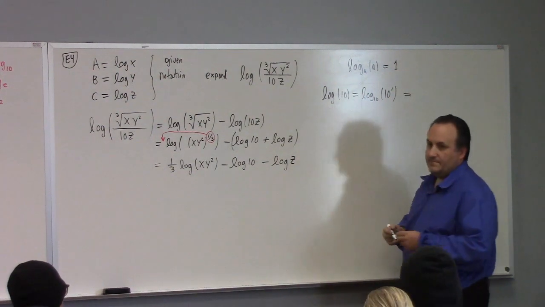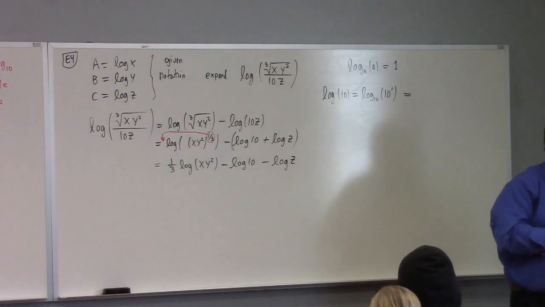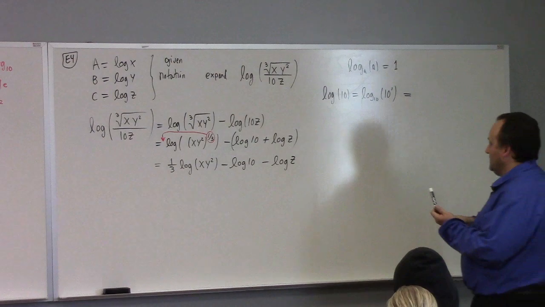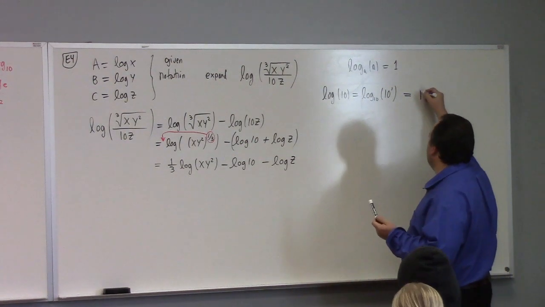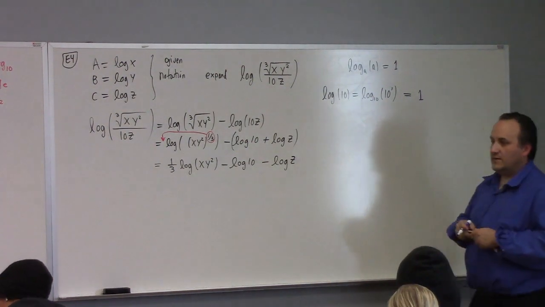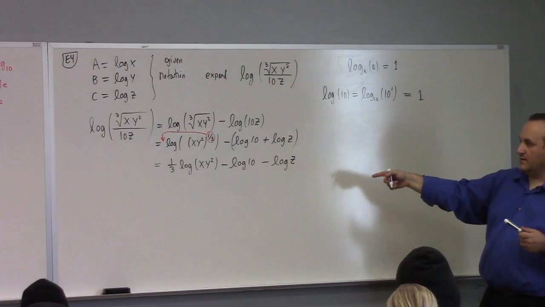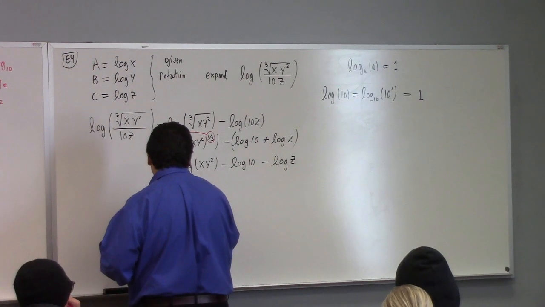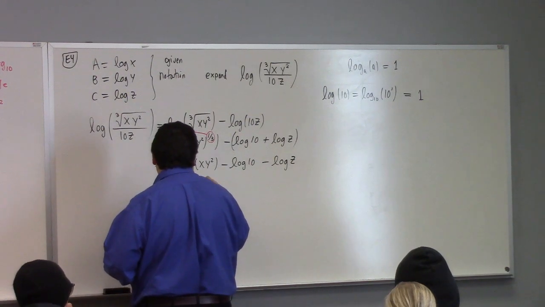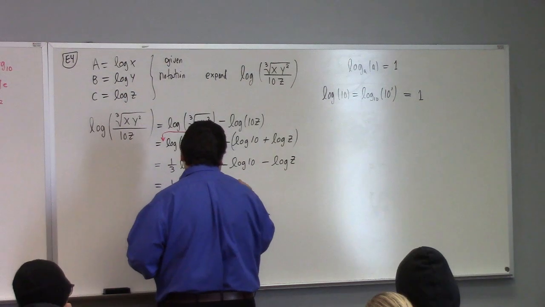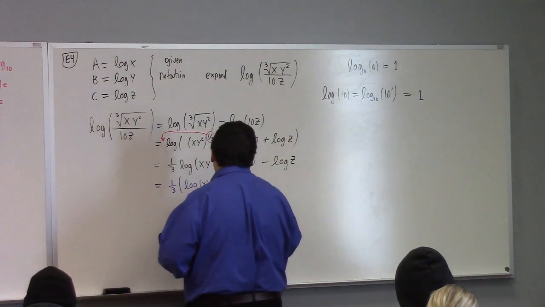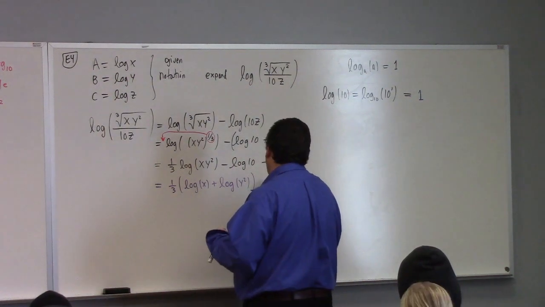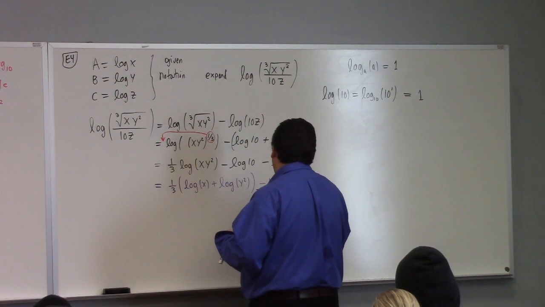So log base 10 of 10 is just 1. So the log of 10 is just 1. And the first one, I can use the power property of log again. This is 1/3 parentheses log of x plus the log of y squared. All right. And then I've got minus 1 minus log of z.